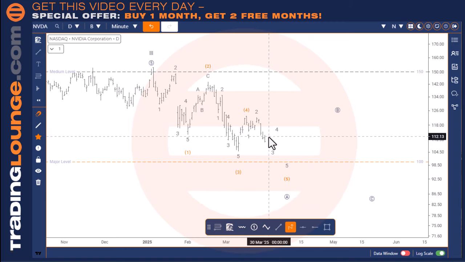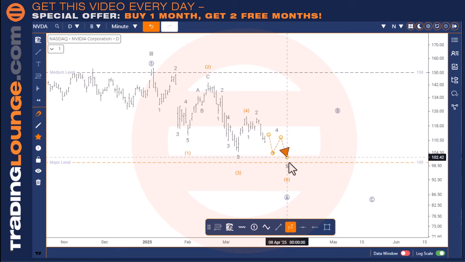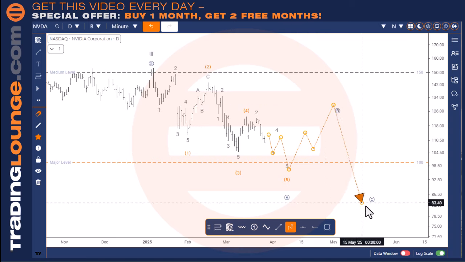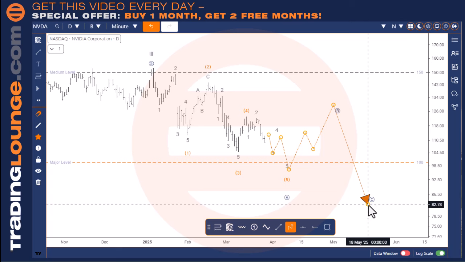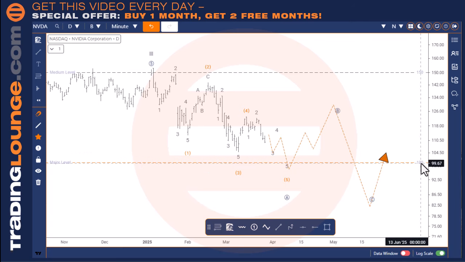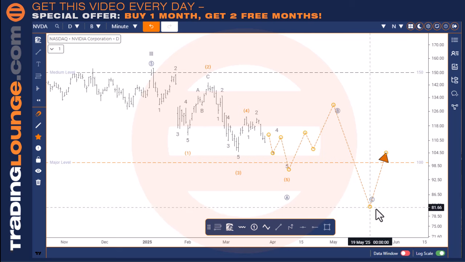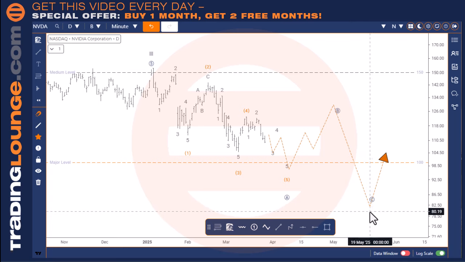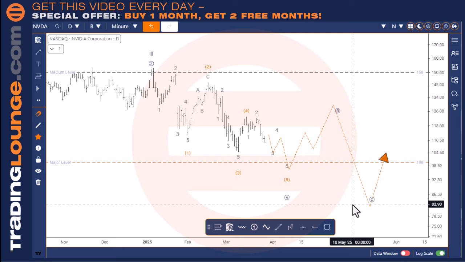So 1, 2, 3, 4, 5 here, and then some sort of ABC. How far that comes up here, it seems to be a good support resistance area, and then back down here. So it's basically going to be hanging around the 100 above and below here. We can look at our 80 down here, that 80, 90 in this particular space. So it's not good trading at this particular point in time.